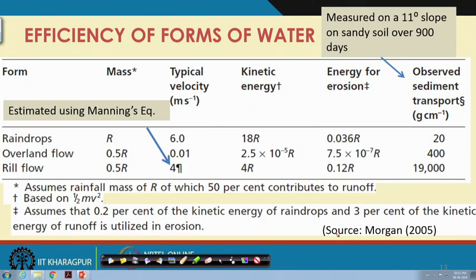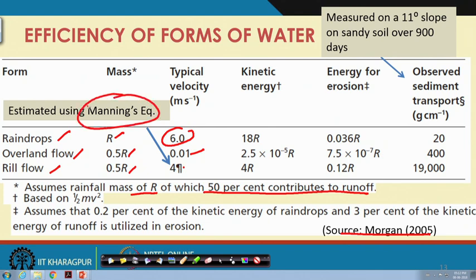Here it talks about 3 different forms: raindrops, overland flow and rain flow, and it assumes the mass of raindrops is R, and that of the rainfall mass R, 50% contributes to runoff, that means overland flow will be 0.5 R and rain flow will be 0.0 R. The typical velocity is 6 in case of raindrops, 0.01 in case of overland flow, and 4 in case of rain flow, which has been estimated using Manning's equation based on a lot of experimental data.